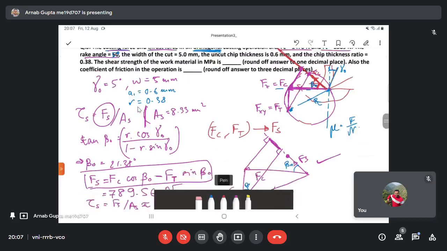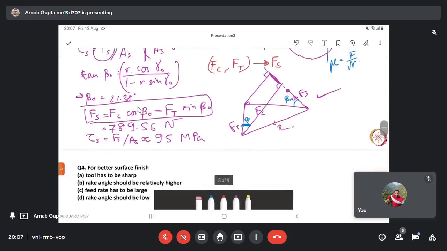which goes by, wait. This is Ernst and Merchant's equation, and Lee-Shaffer's equation is more realistic because here we take into account the dynamic nature of the strength of the material.